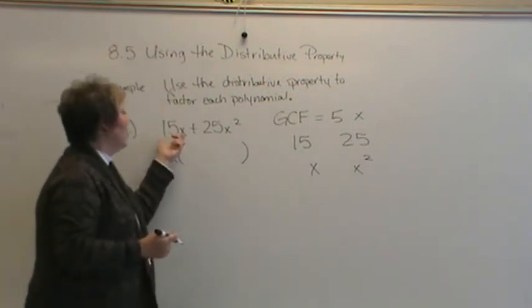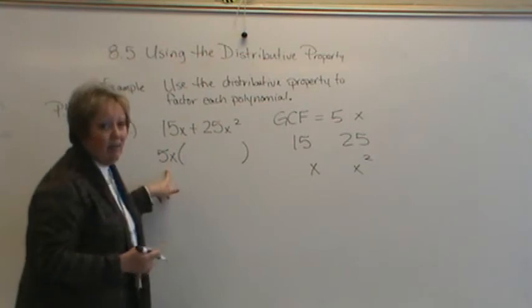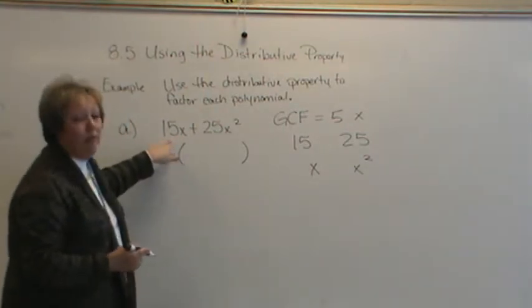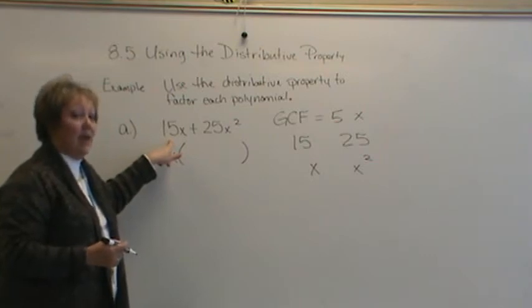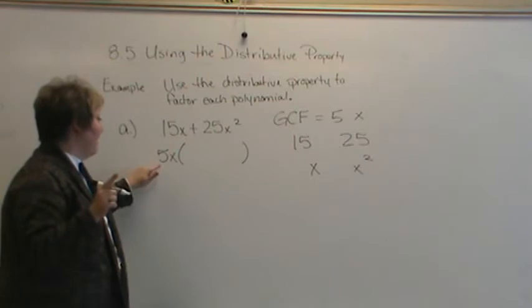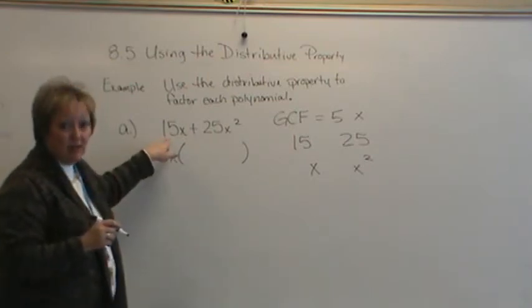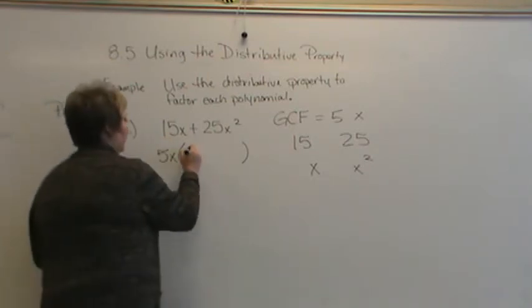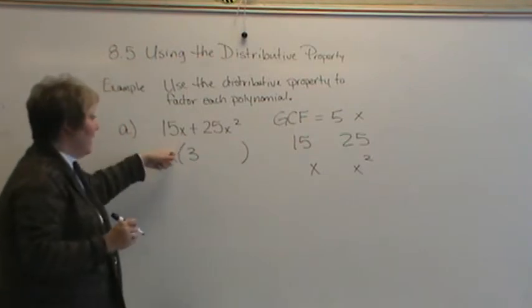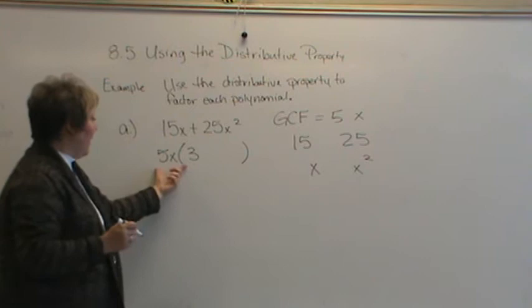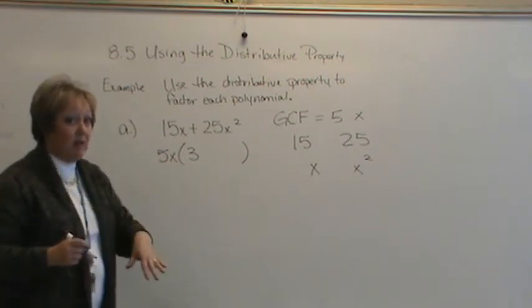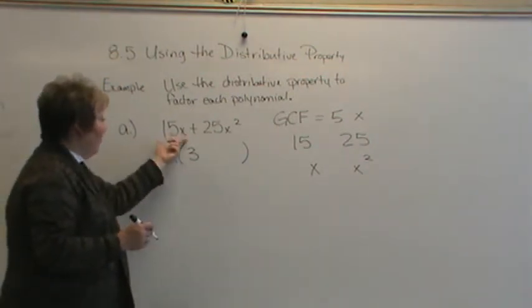So what did I multiply times 5x to get 15x? Think on that for just a second or two before I tell you the answer. 5 times what gives you 15? 3. And of course x divides into itself one time evenly, so if I multiply this back out, we'll see in just a minute on the check, you get 15x.